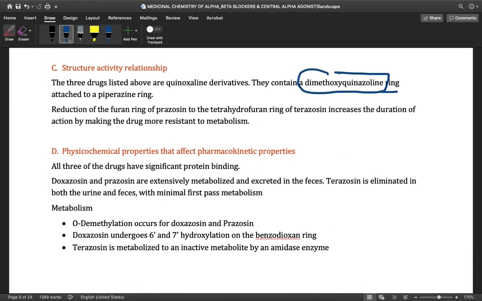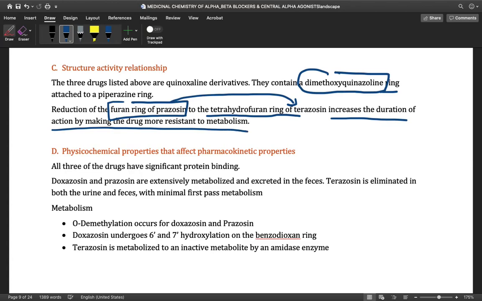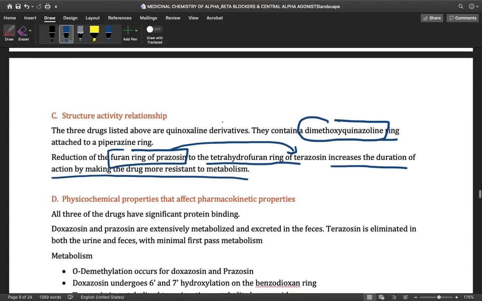Now, if you reduce the furan ring of prazosin to a tetrahydrofuran ring, when you go from prazosin to terazosin, it leads to an increase in the duration of action by making the drug more resistant to metabolism. So let's quickly take a look at that.